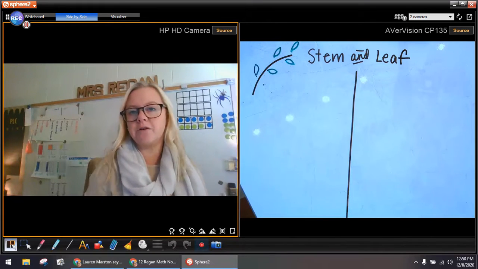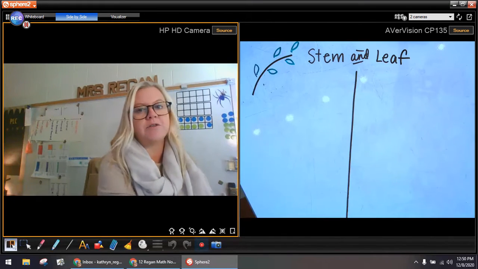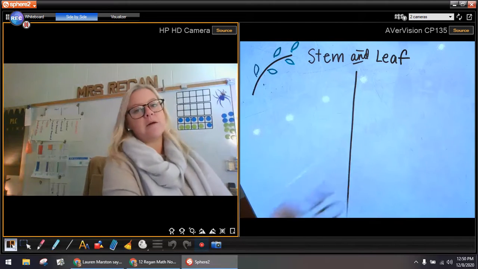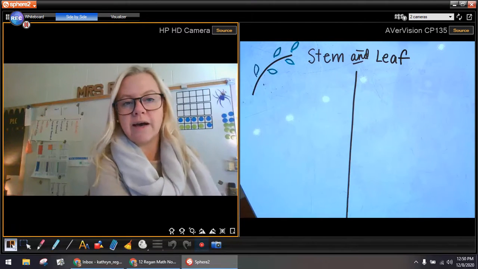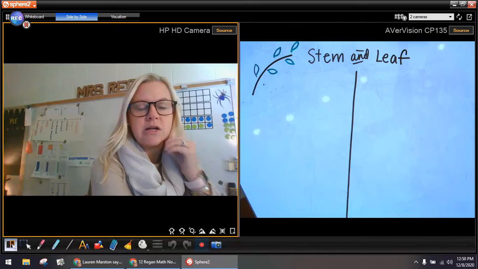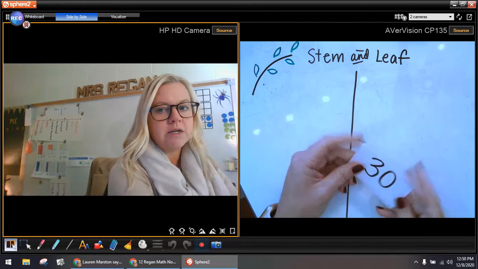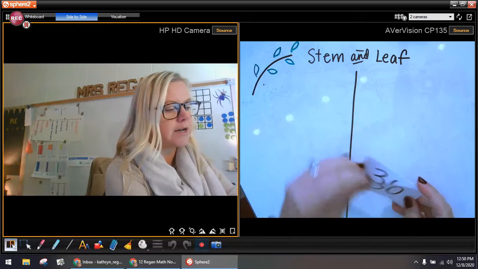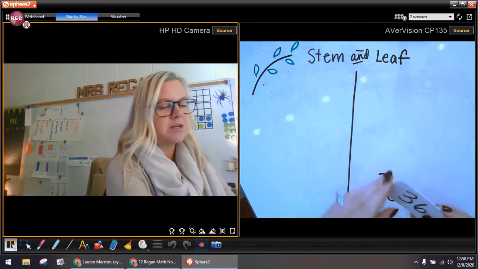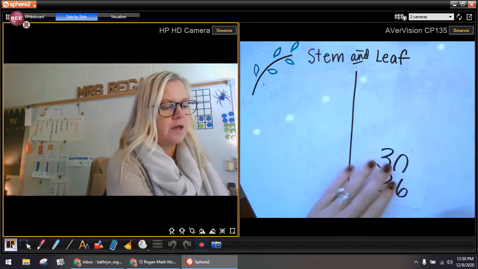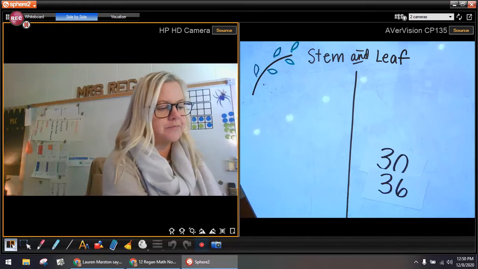So the first thing that you do when you make a stem and leaf plot is you'll start with a whole pile of numbers. The number one most important thing in this entire data and statistics unit is to take your numbers and always put them in order from least to greatest. So we're going to take our numbers here, and I'm just going to arrange them in order from least to greatest.